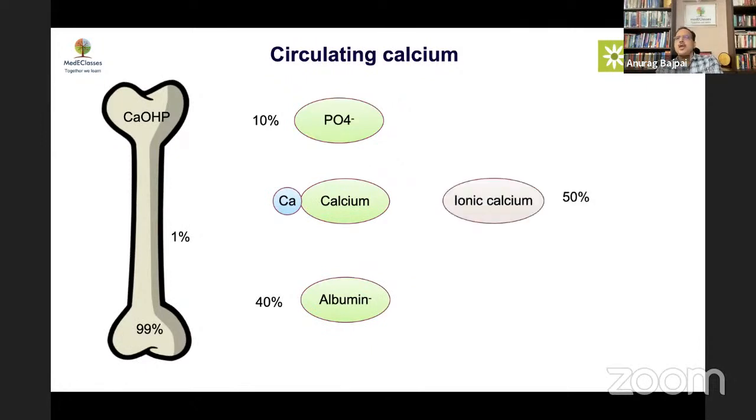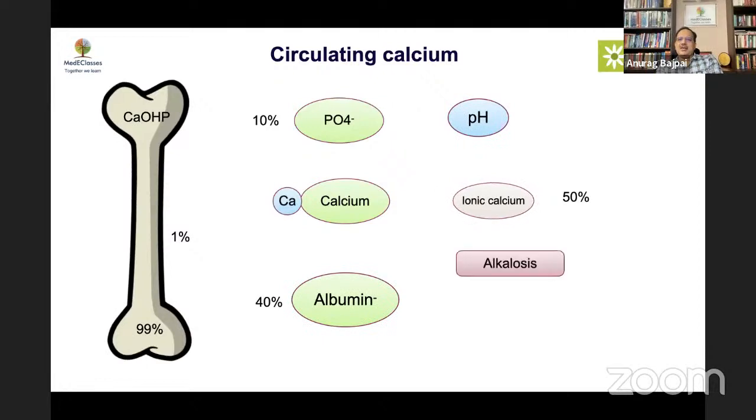Now, very importantly, the anionic component of albumin, which binds to calcium, is dependent upon pH. In scenarios wherein we have alkalosis, whether respiratory alkalosis or metabolic alkalosis, we will have increased anionic albumin, causing a decrease in ionic calcium, resulting in hypocalcemia.